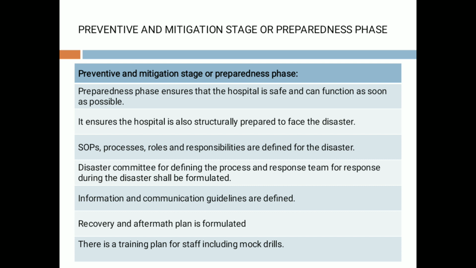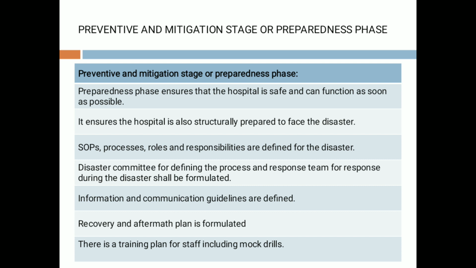Preventive and mitigation stage or preparedness phase. Preparedness phase ensures that the hospital is safe and can function as soon as possible. It ensures the hospital is also structurally prepared to face the disaster. SOPs, process, roles and responsibilities are defined for the disaster.